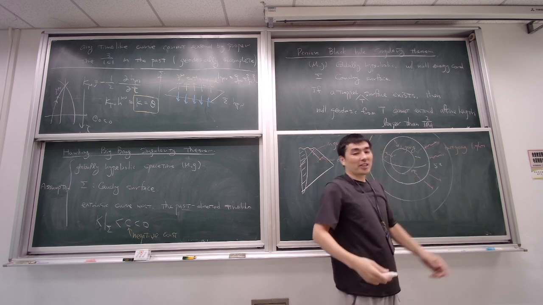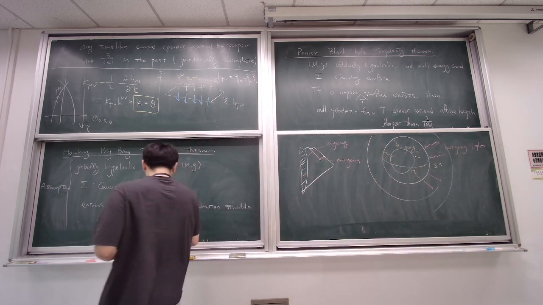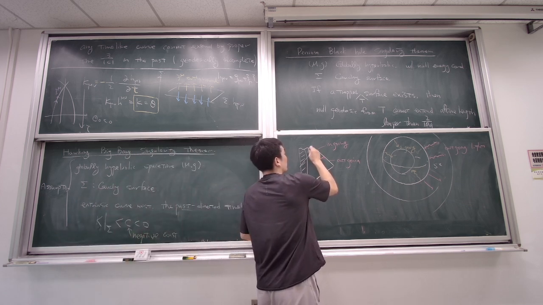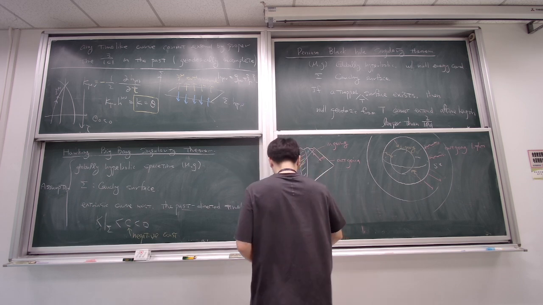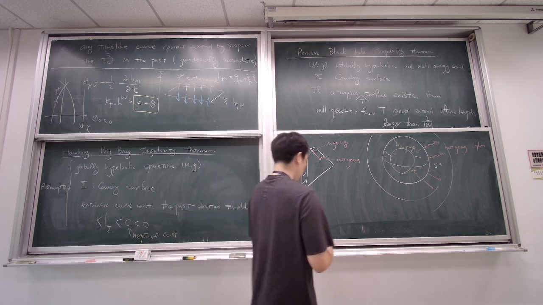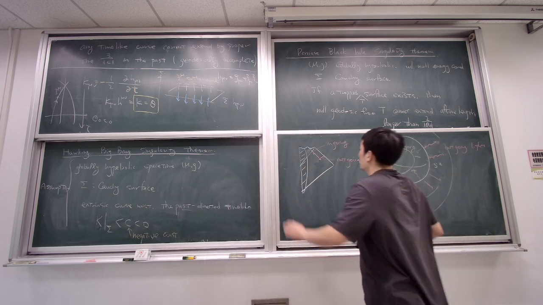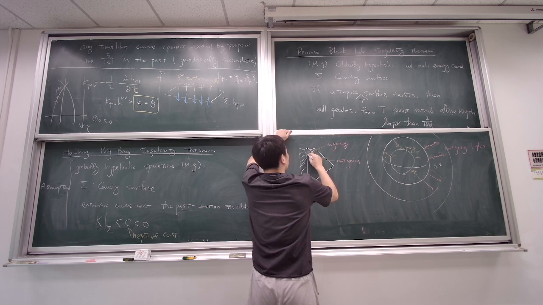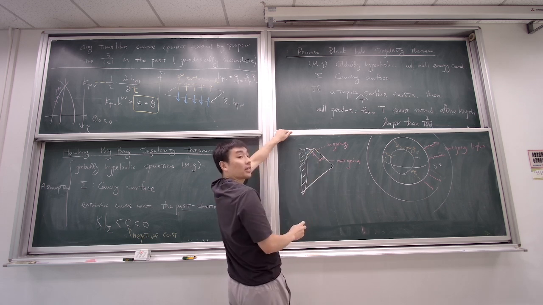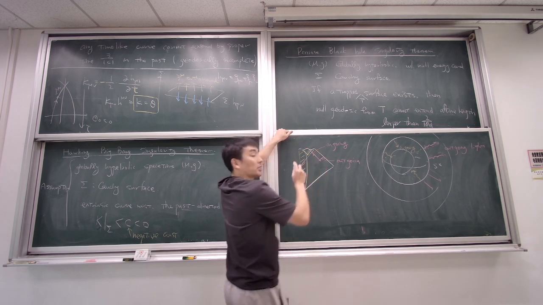On the other hand, if you look at the point here, maybe I should use yellow. The point here. The outgoing one also hits a singularity, and the ingoing one also hits a singularity.